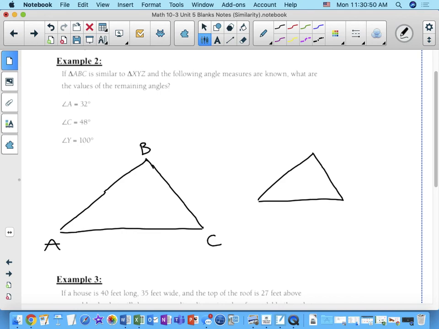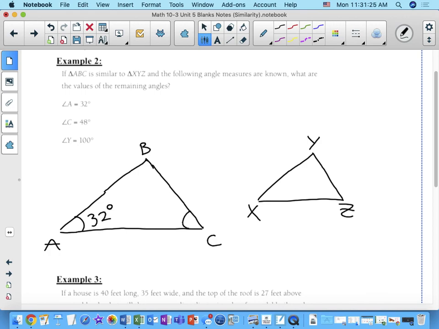So this one, the first letter here is A, the first letter there is X. So A is on the bottom left, so X has to be on the bottom left. Okay. C is on the bottom right, and that's the last letter. Z is the last letter here, so that's on the bottom right. And then B is in the middle, and Y is in the middle, so Y's got to go on top. And now what I'm going to do is I'm going to fill in the angles that I know. So A is 32 degrees.